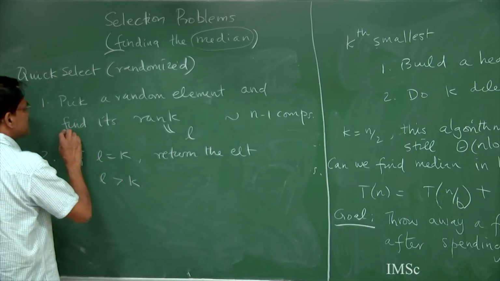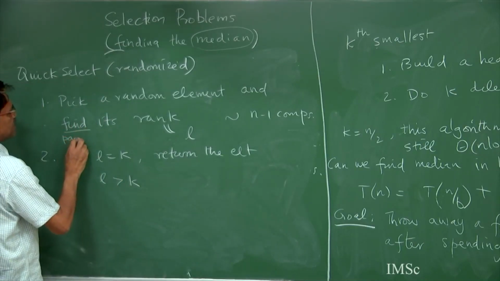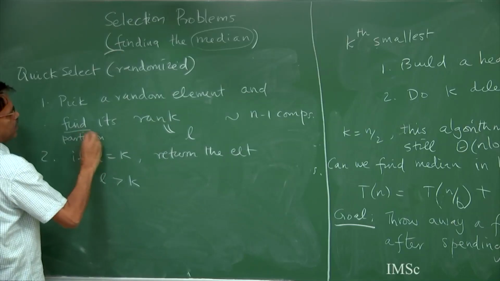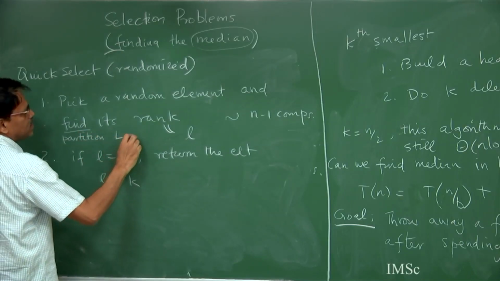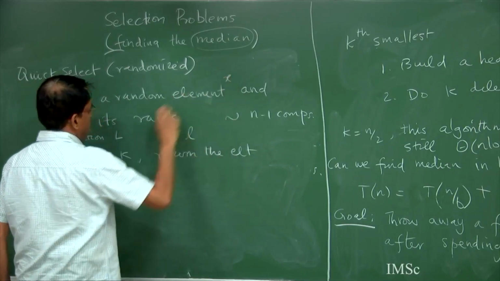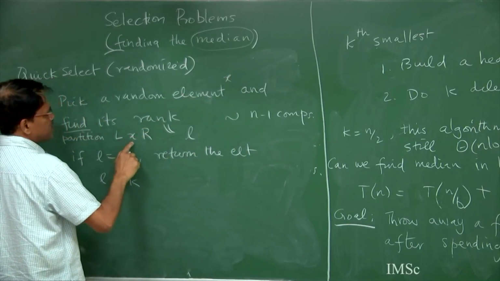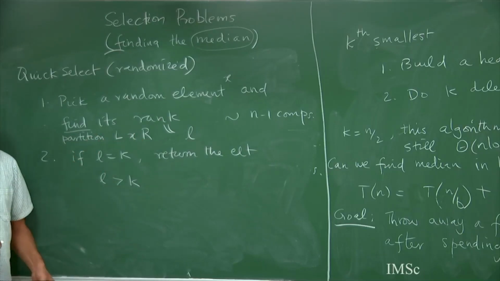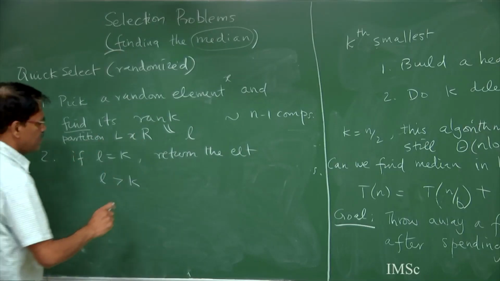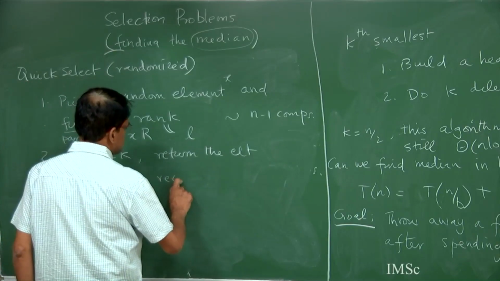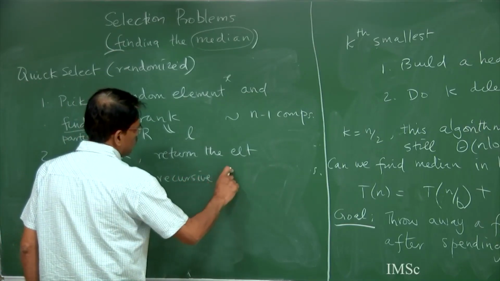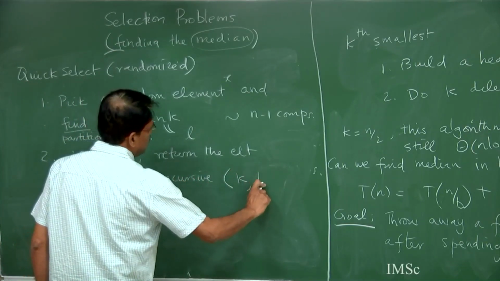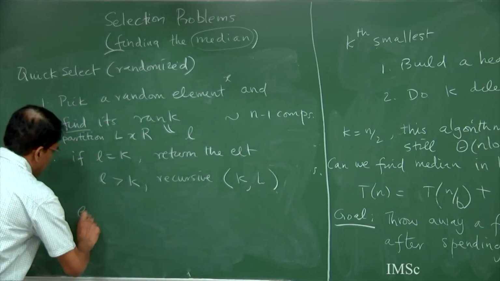So, not only do I find its rank, I also partition into all those which are smaller than x and all those which are larger than x, so the left and right. Then recurse. So, I want to look for the kth smallest in the left set.